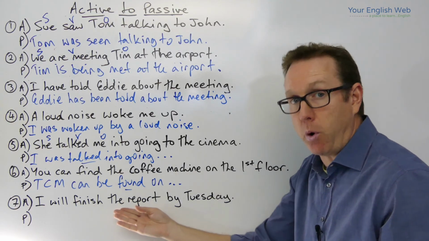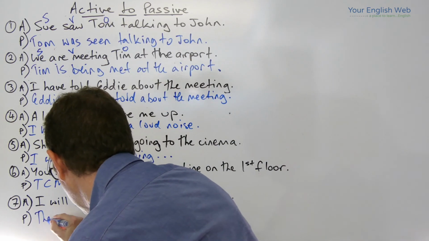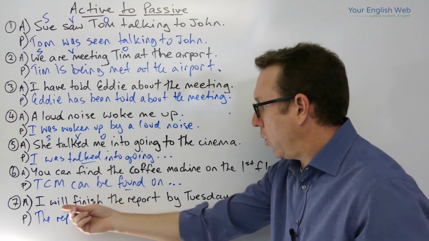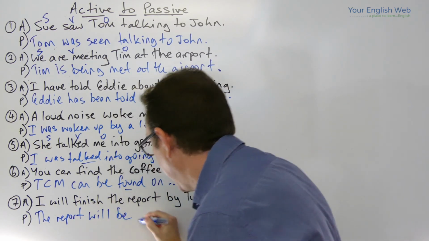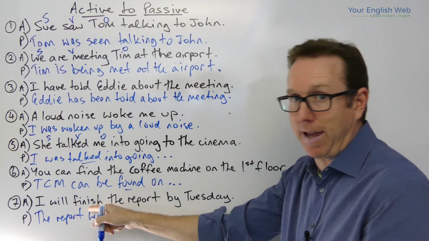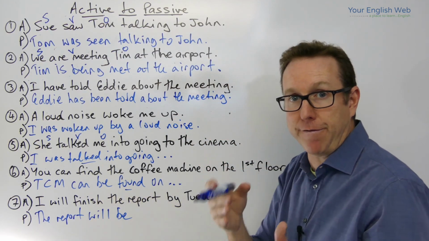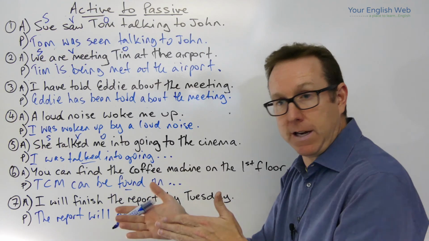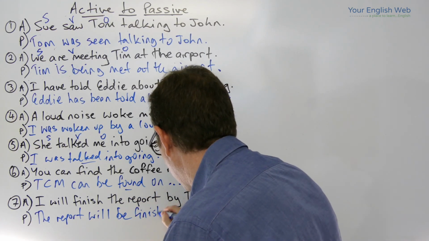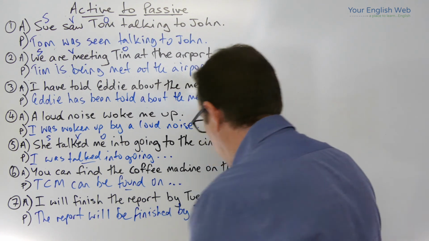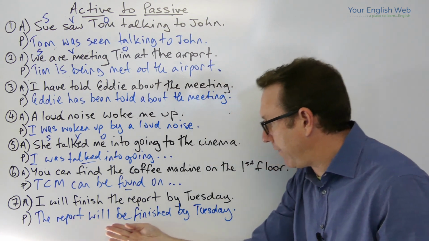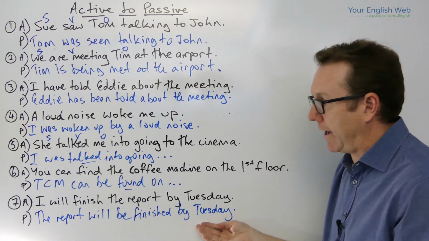So the report will, the verb to be, and then this verb here in the past participle. Finish, finished, finished. Okay, the report will be finished by Tuesday.